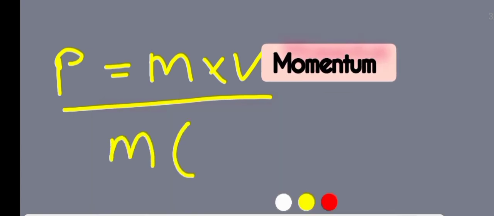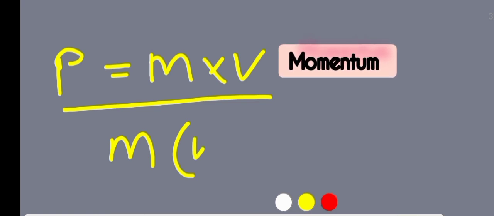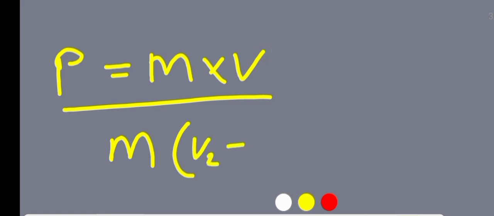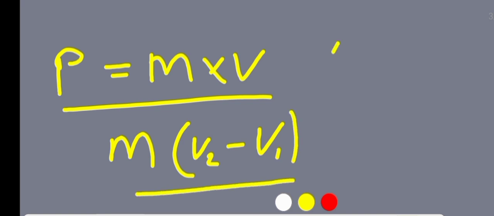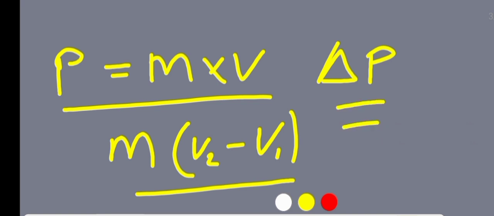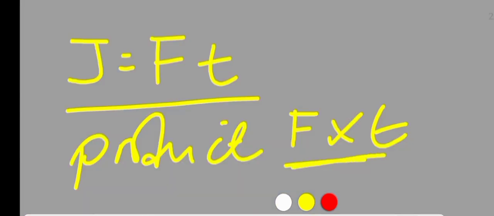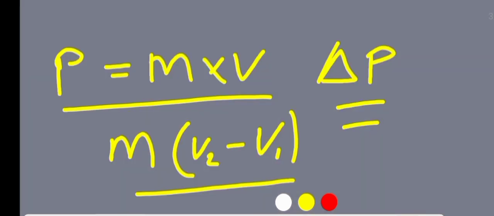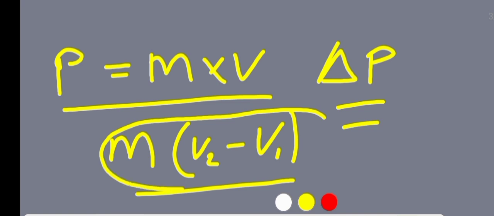When we say change in momentum, we actually mean mass multiplied by the final velocity minus the initial velocity. This is what we mean when we say change or delta momentum. We are going to show that this is equal to impulse.